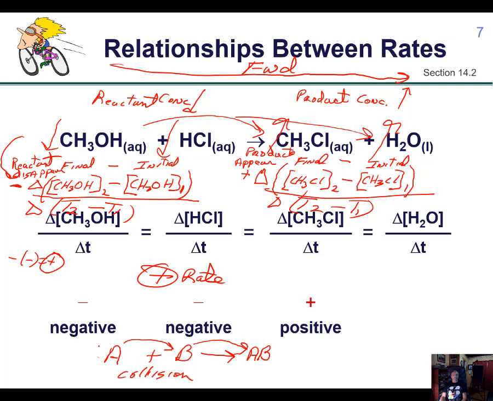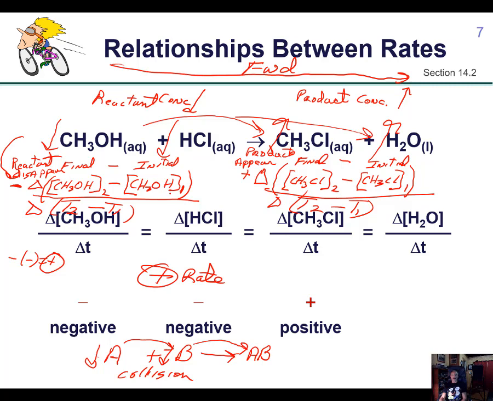And the more reactant concentration that disappears, just imagine you've got trillions and trillions of these reactants and they're reacting and forming products. Now you have fewer and fewer of them in this space. The concentration is going down. Now they have a harder time finding each other. The probability of a successful collision goes down. We'll talk a little bit more about that when we talk about collision theory.